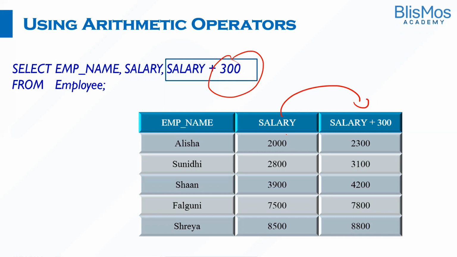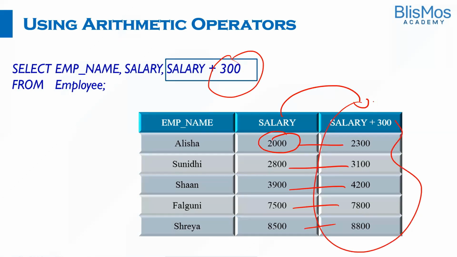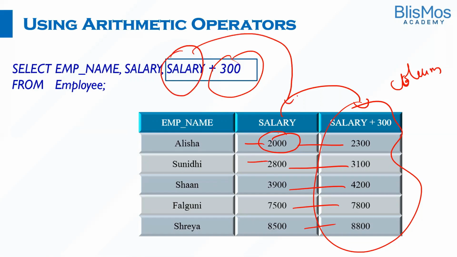That will add the $300 to all the values of salary, and it will create one more column. If you understand here, all the arithmetic operations go row-wise. Salary is a column. For each of the values of the salary, 300 is added, and the result is written into one more column. We are only performing an addition operation here.